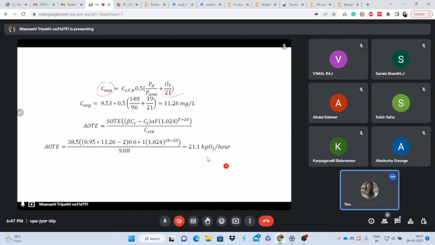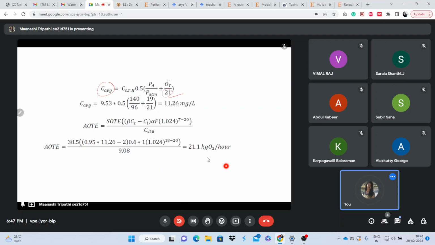So that is OT we will keep here. So effectively we are putting in 21%, 19% is leaving the water, and the remaining percentage is getting inside the water. So that is what is required. So considering all those things, we have to calculate the rate.